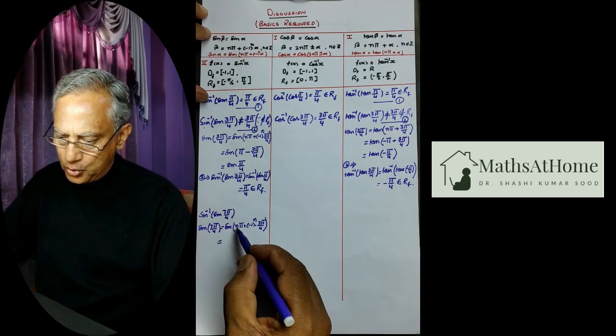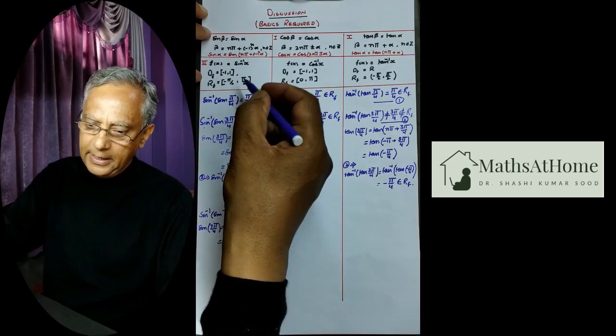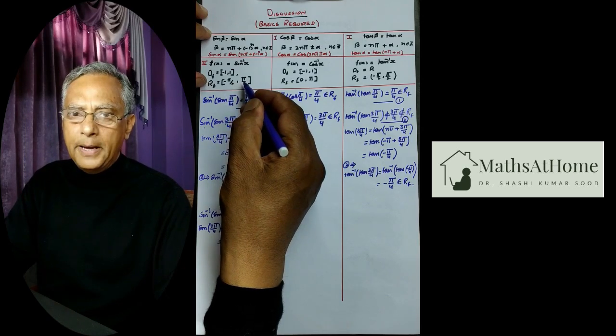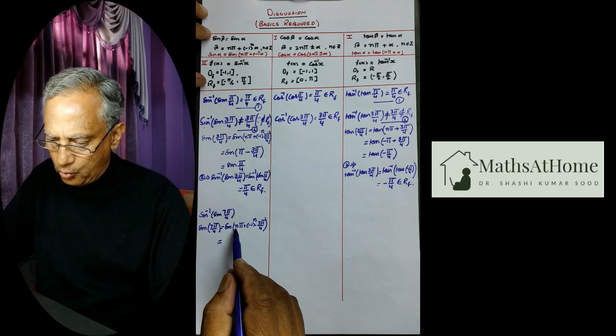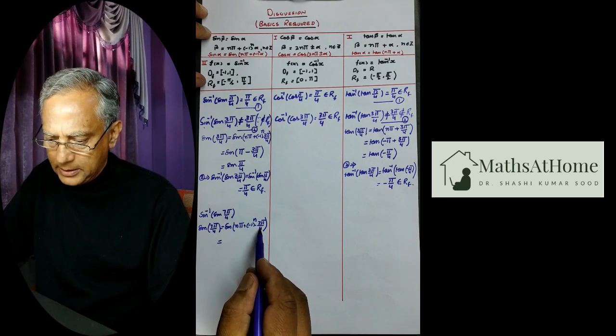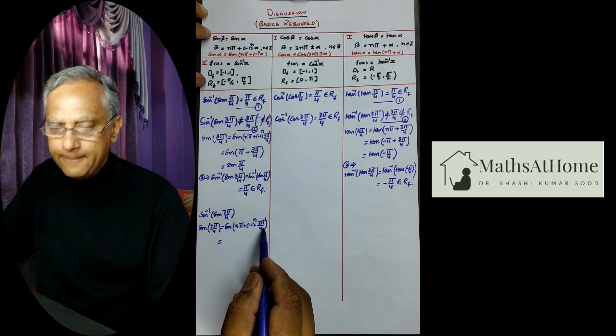Now we have to choose n such that this is within the range of the function, that is minus pi by 2 to pi by 2. Now if I take n equal to 1, this will be pi minus 7 pi by 4, which is minus 3 pi by 4.